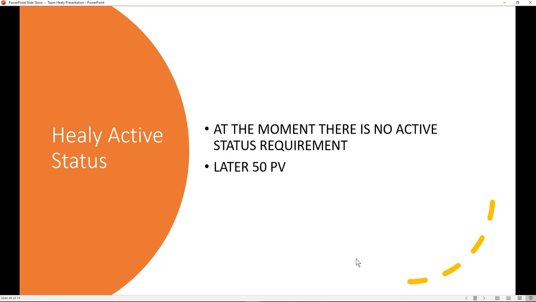Right at this moment of this recording, there is no requirement. It's been waived temporarily. Right now, the figure that's in the compensation plan document is 50 PV. So you'll have to have 50 PV coming in, and you get that 50 PV through monthly subscriptions, or you sell Healy devices, or some way you get that volume.